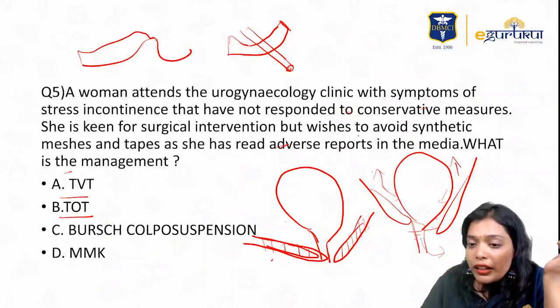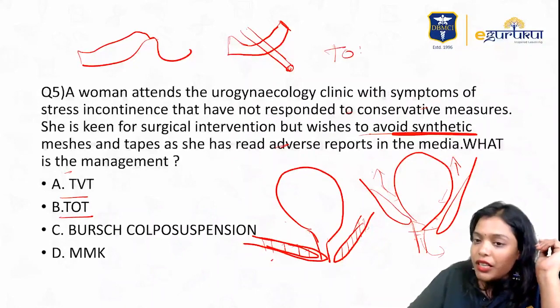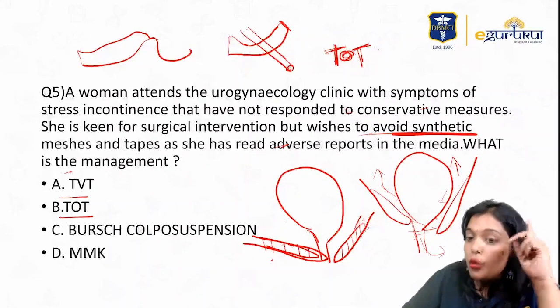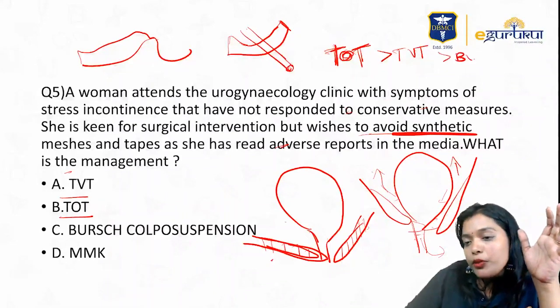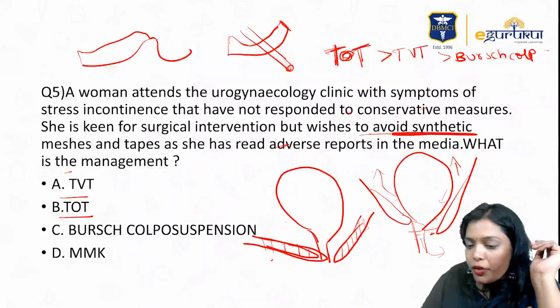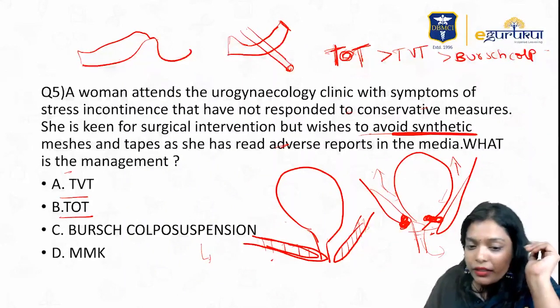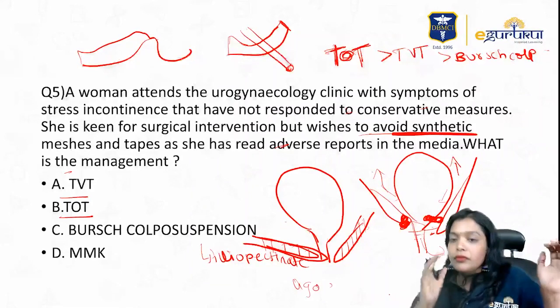But in the question, they told she wants to avoid synthetic mesh. The best surgery as of now with the best results is TOT compared to TVT. But earlier it was the Burch colposuspension. In Burch colposuspension, you anchor the paraurethral tissues to the iliopectineal ligament.